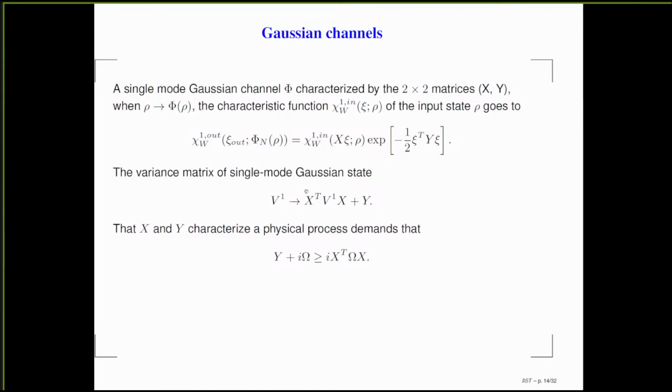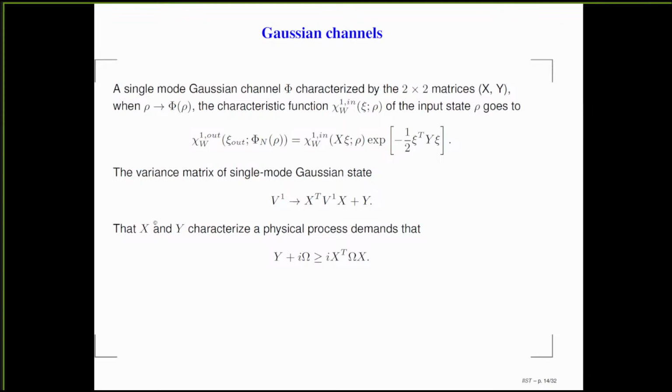For a single mode Gaussian state V1, it's very easy to verify from this relation that it undergoes X transpose V1 X plus Y. Basically, these 2 by 2 matrices X and Y characterize the Gaussian channel.